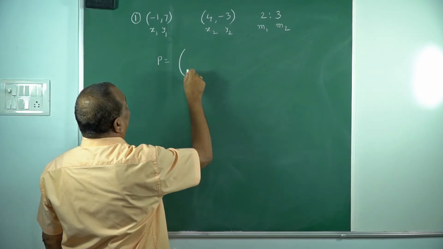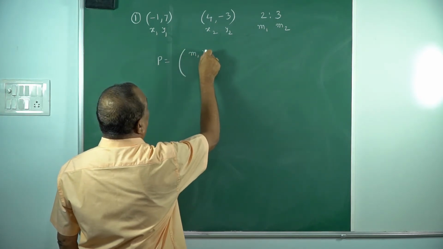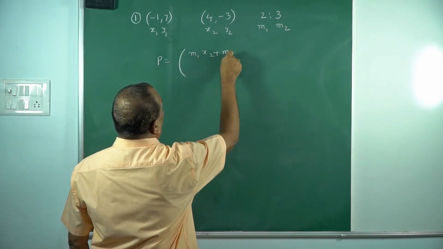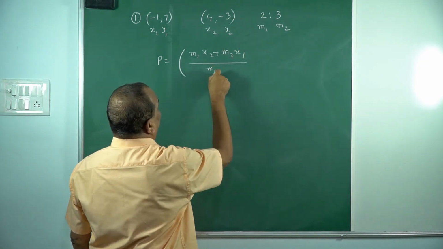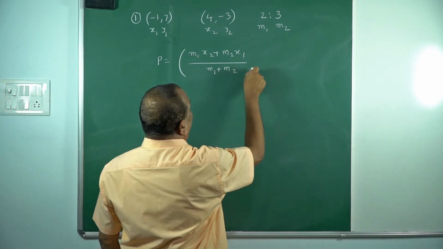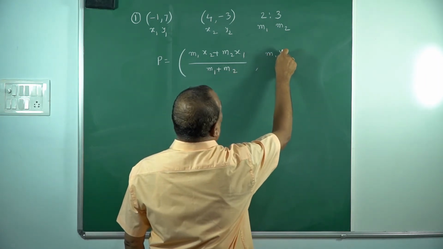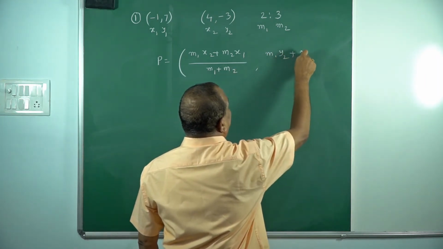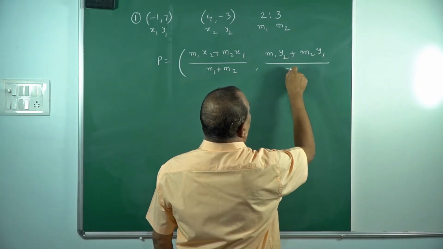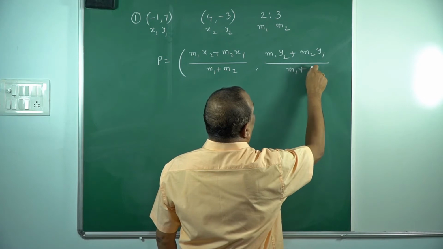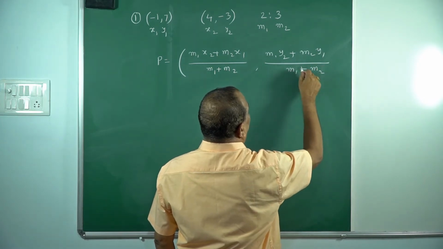I write the formula: m1 x2 plus m2 x1 by m1 plus m2. Similarly, m1 y2 plus m2 y1 by m1 plus m2. Simple substitution.